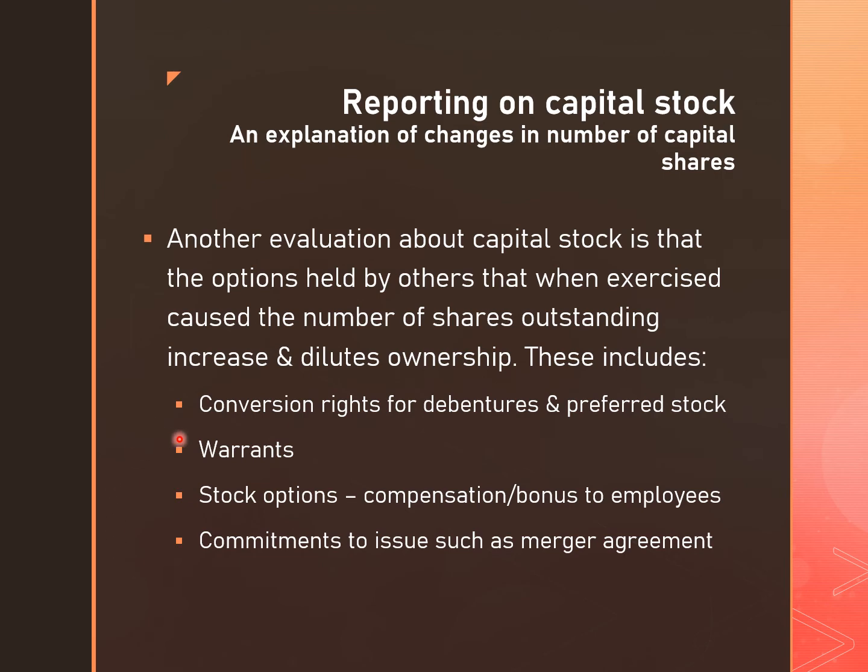So all these four adalah option. Masih lagi option. Dia belum lagi menjadi the actual shares. But kita kena evaluate kalau dia gunakan hak dia tu untuk convertkan these four menjadi shares, then what will happen to the ordinary shares?